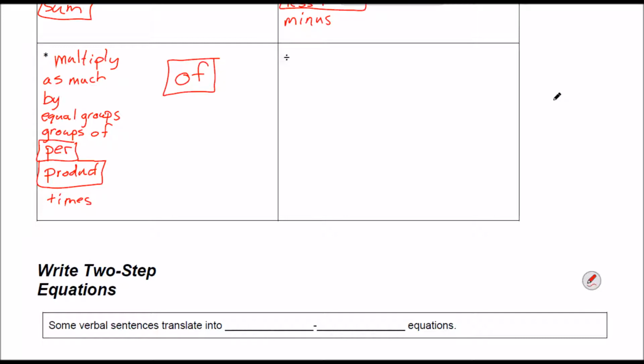Again, of is used a lot for multiplication.